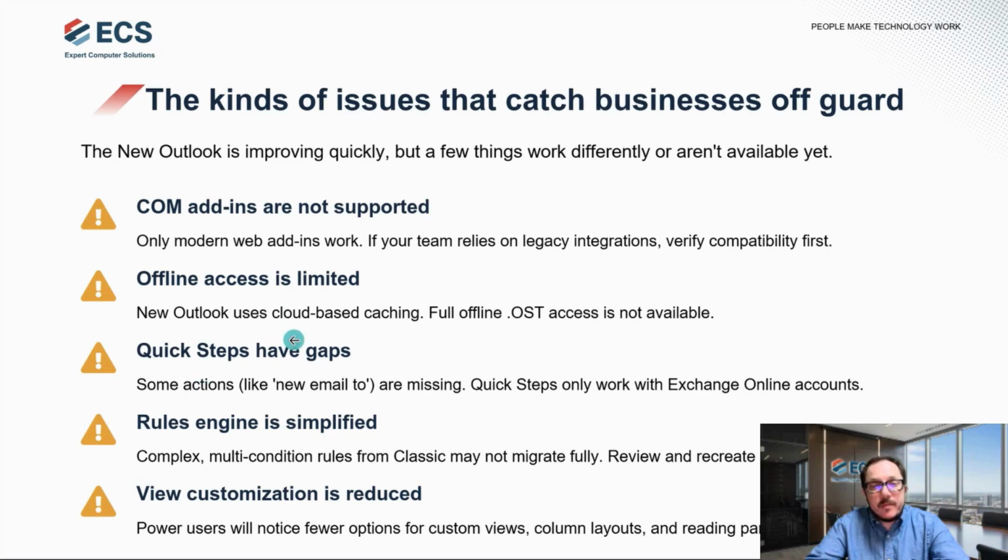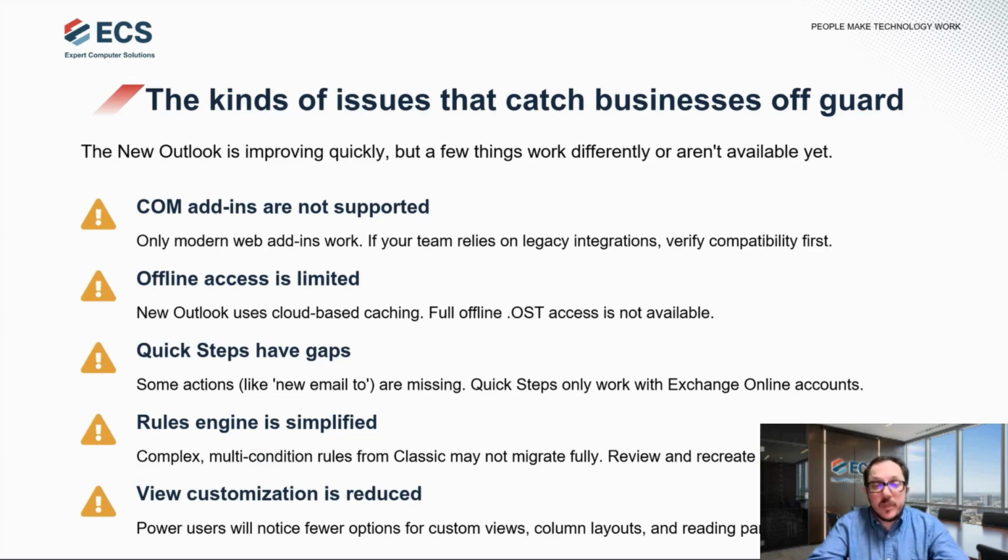Quick steps. Now, quick steps, as we mentioned, those instructions that you can have one after another. The new Outlook is simplified and it just works a little bit different. If you have a lot of quick steps, I would review them and make sure you can recreate them. Rules engine. The rules engine is simplified. It's more basic. It is more streamlined, but it is different.